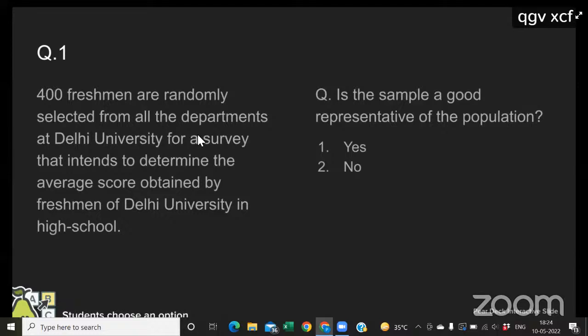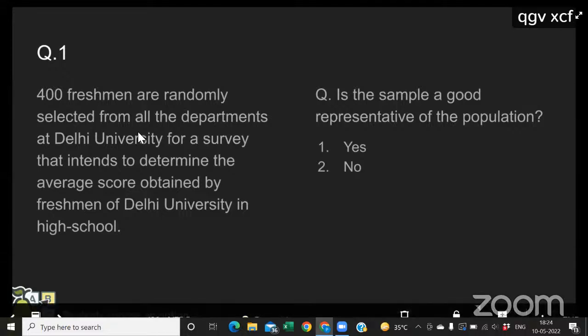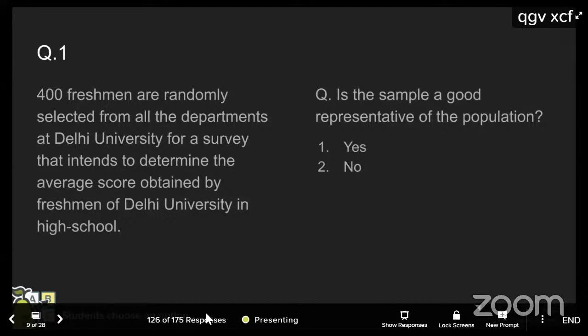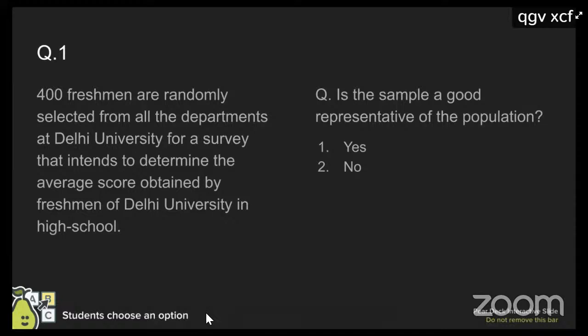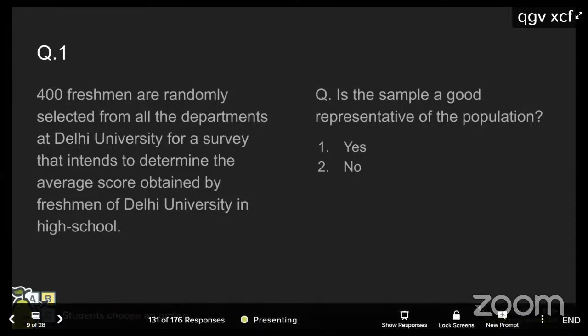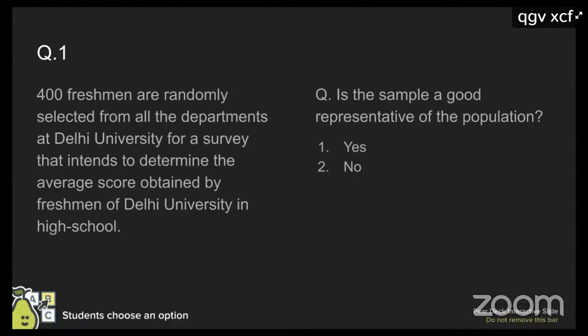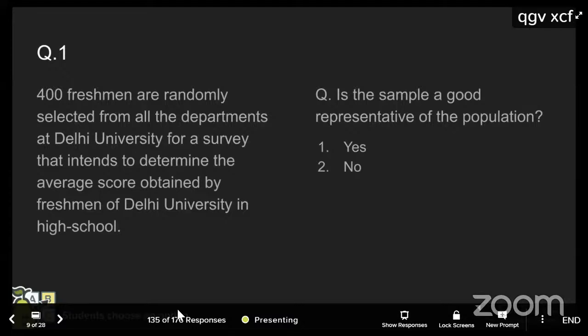Okay, nice. Let's wait for the other responses. There are 128 responses out of 176. Let's wait for a couple of seconds, and after that, we will proceed further, so that everyone can attempt the question.